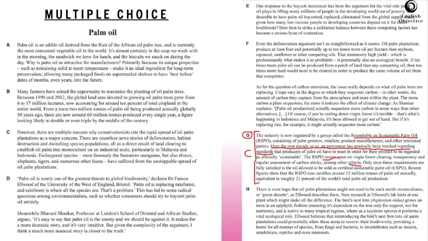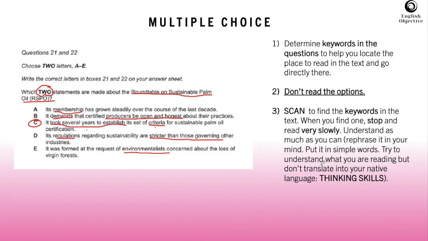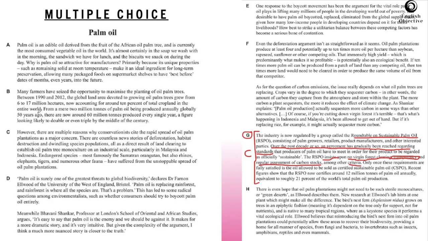Producers of palm oil have to meet in order. So it's quite about what they have to do in order to sell it. And that's the one that speaks about demands: insists producers be open and honest. So this is about the transparency, about honesty. So that answer is option B.